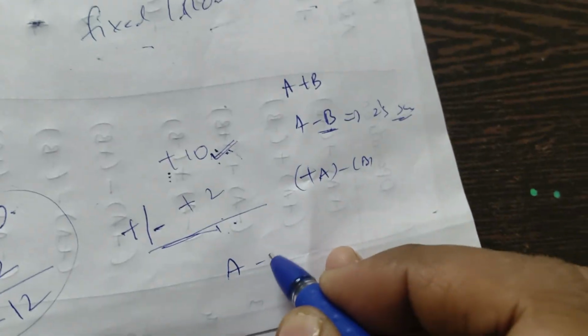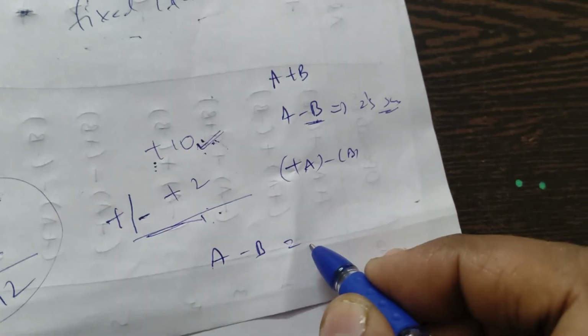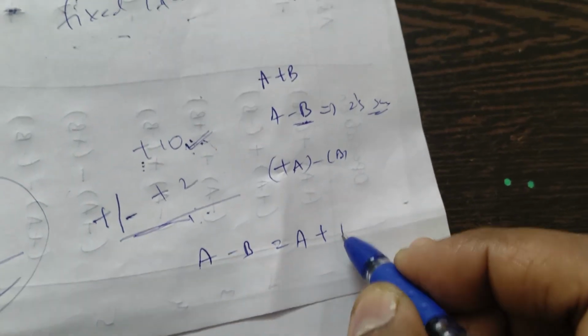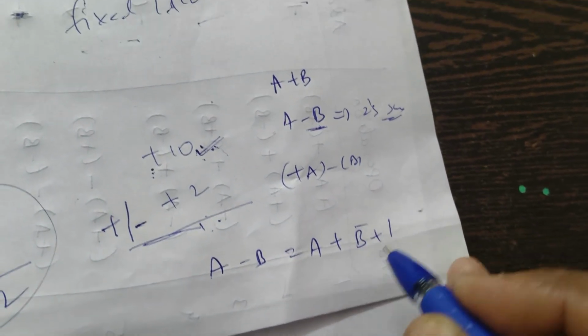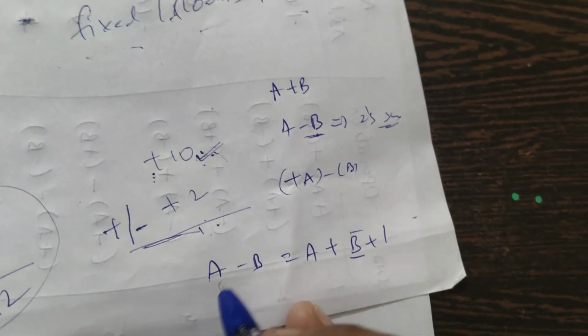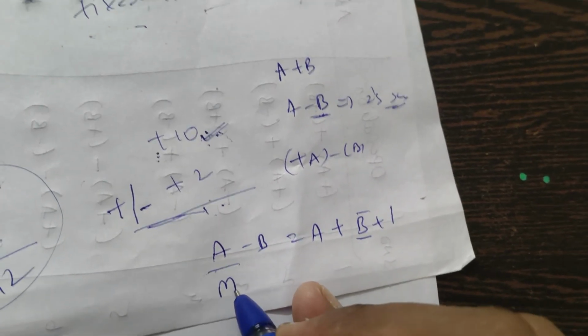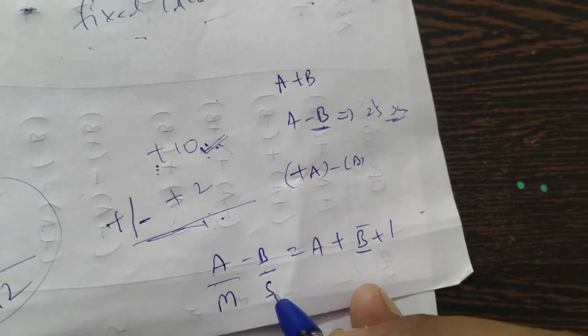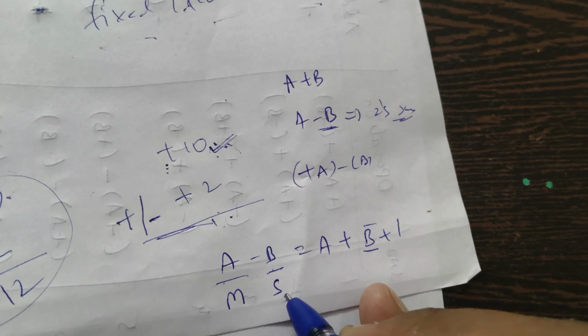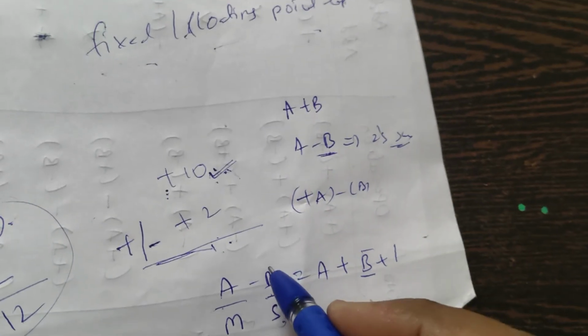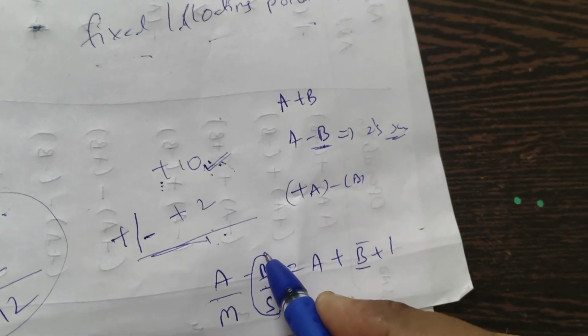We can represent the subtraction A minus B as A plus B bar plus 1. Here A is called the minuend and B is called the subtrahend. So we perform this subtraction operation by simply taking the subtrahend and adding its complement to A.